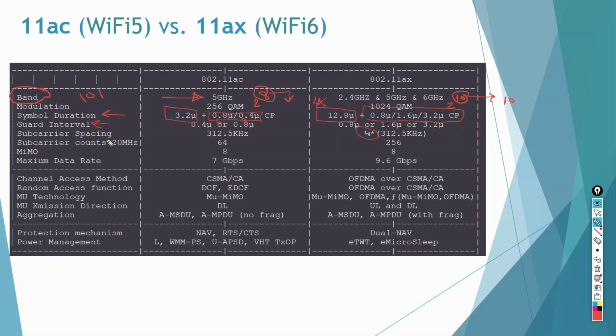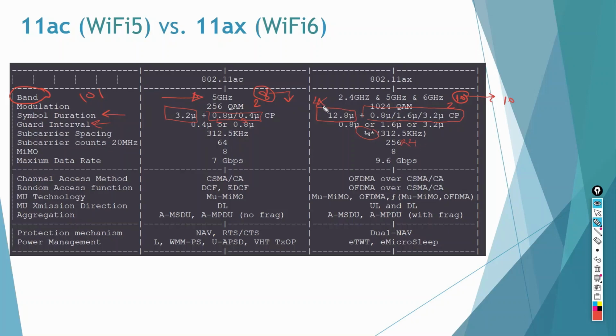Same case goes for the subcarriers count within a 20 megahertz channel. Here we started with 64, whereas in 11AX we started with 4 times this number. Notice here we multiply by 4, here we divide by 4, here we also multiply by 4.